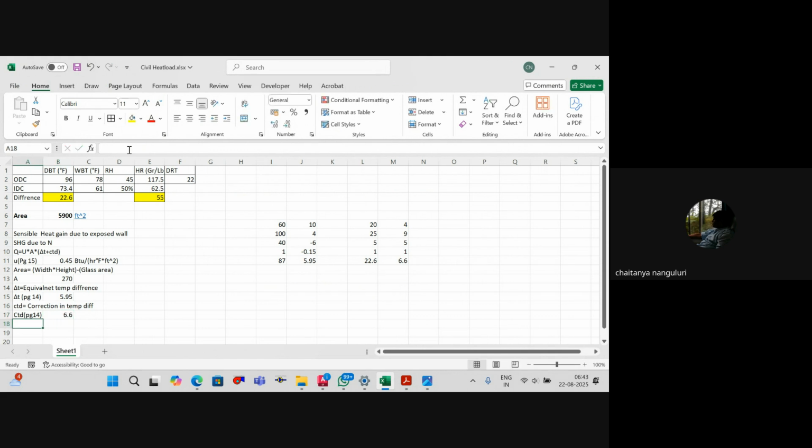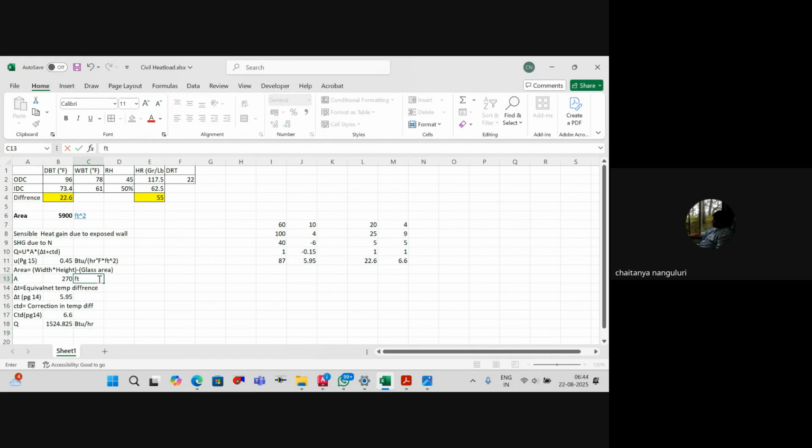The Q value, I can directly write as Q in BTU per hour. Q is equal to U into area into delta T plus CTD. This gives me BTU per hour, and units are really important.